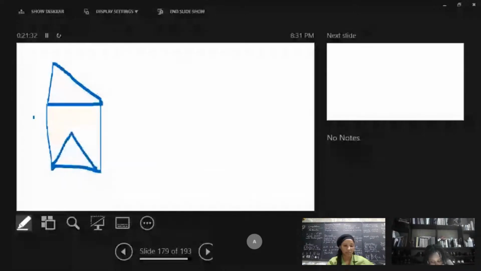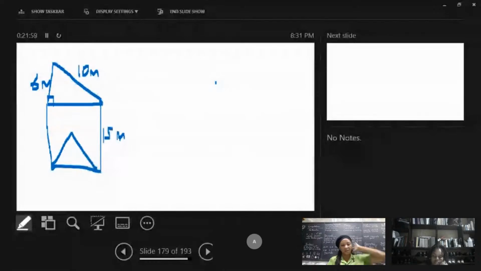Same shape on the bottom. All right, so this is 15 meters. This is 10 meters. And this is 6 meters. All right, Imani, so what would be the volume of the triangular prism?